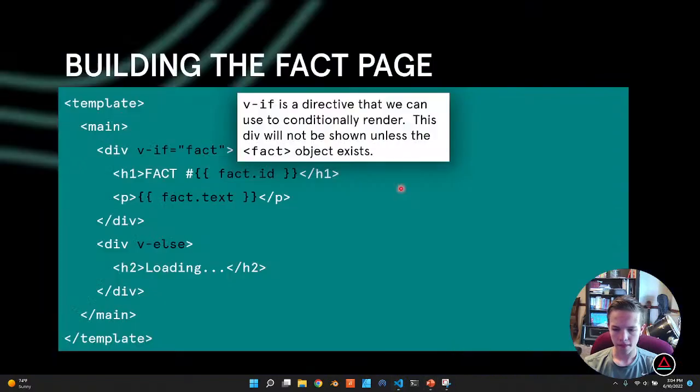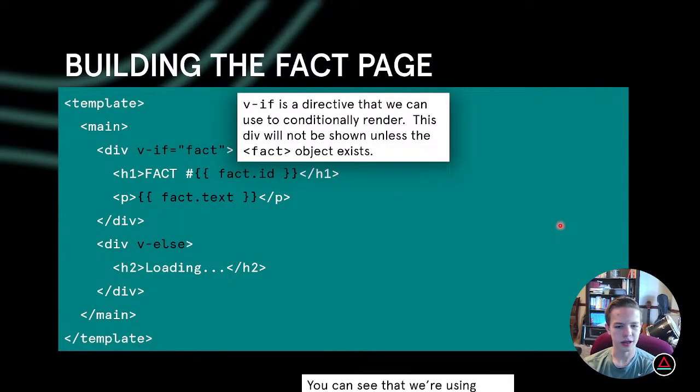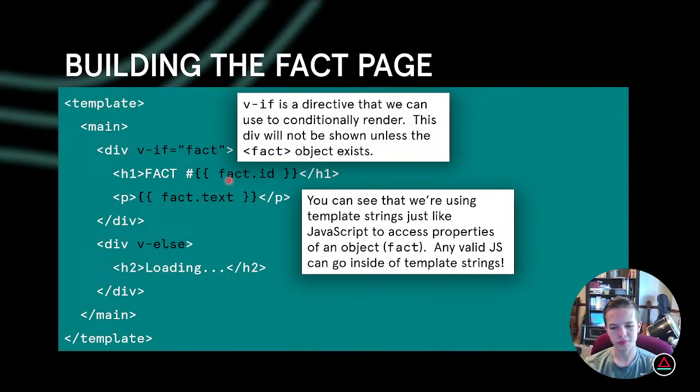Alright. And next, you can see that we're using template strings here, just like JavaScript, to access properties of an object. Any valid JavaScript code can go inside of template strings in Vue.js. So let's continue.